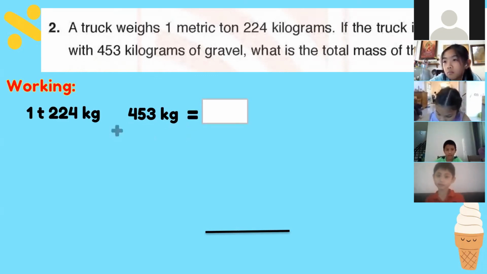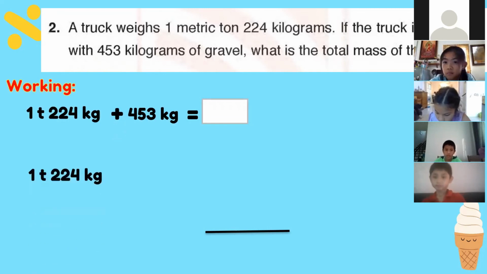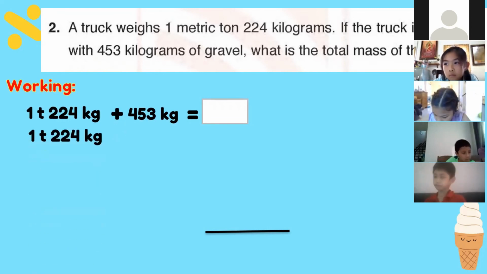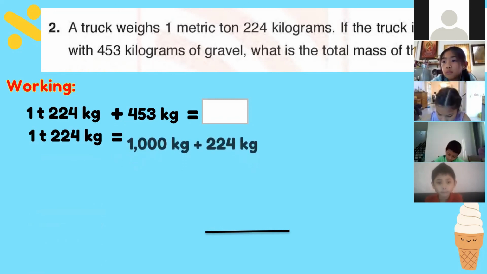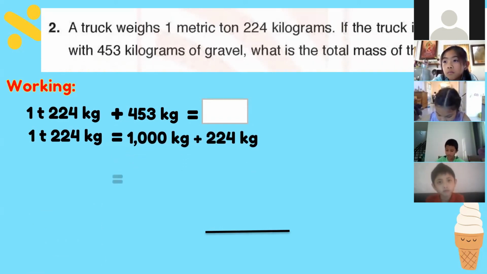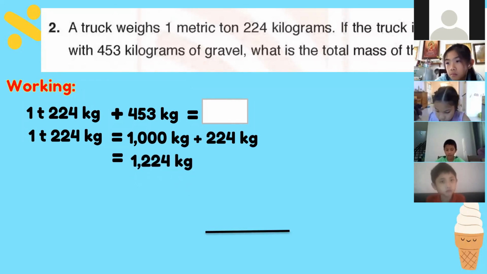But then again, you cannot solve the problem yet because you need to change 1 ton and 224 kilogram to kilogram, okay? Which is equal to 1,224 kilogram, right? So again, think that you cannot plus or minus metric ton to kilogram.